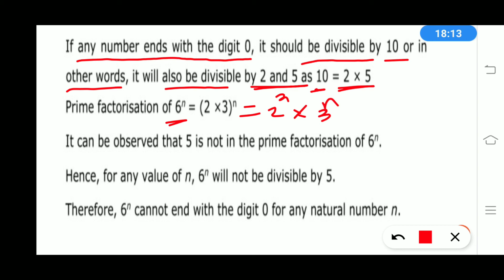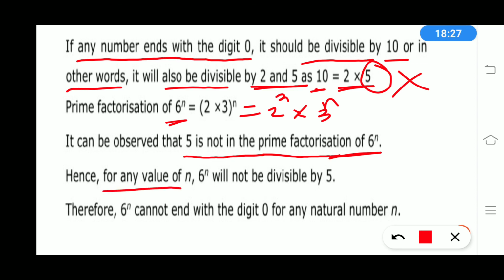It can be observed that 5 is not a prime factor of 6 to the power n. Here only 2 and 3 appear, but 5 is not a prime factor. Hence, for any value of n, 6 to the power n will not be divisible by 5. Therefore, 6 to the power n cannot end with the digit 0 for any natural number n.